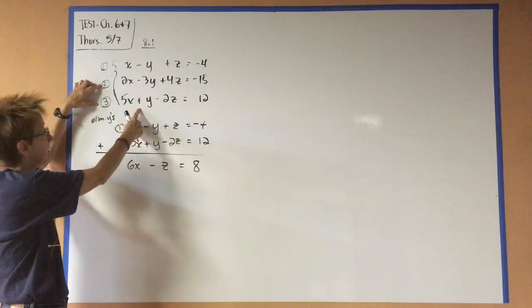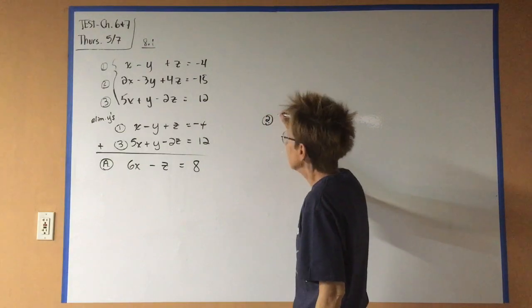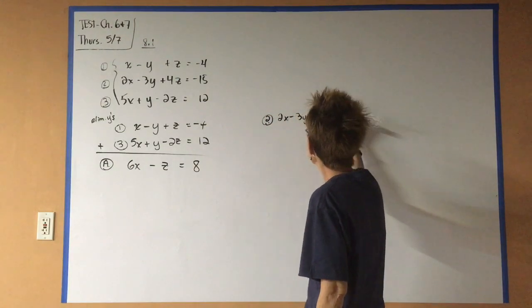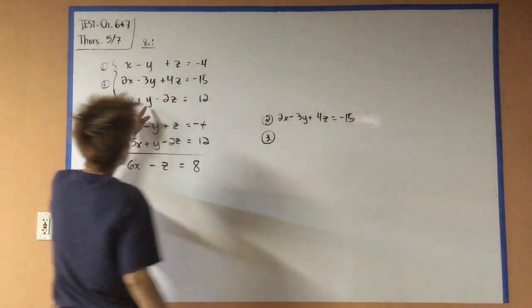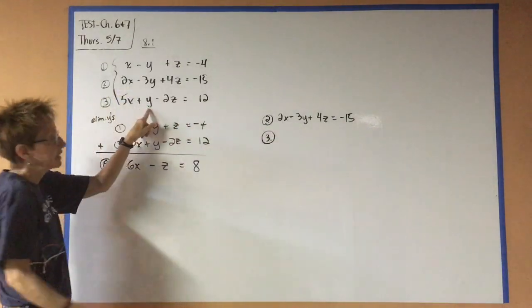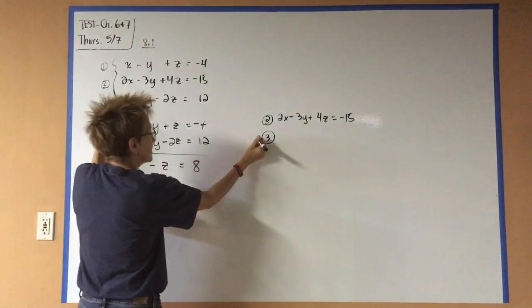I think it would be easier to do 2 and 3 because then I don't have to fool with signs. So I'm going to take equation 2 and I'm going to leave it alone. 2x minus 3y plus 4z equals negative 15. And equation 3, what do I have to do to equation 3 so that there's an opposite coefficient here? I have to take this times 3, right? Which means the entire equation 3 times 3.